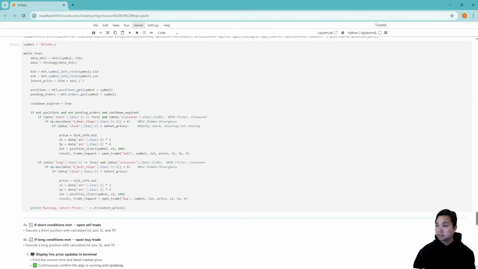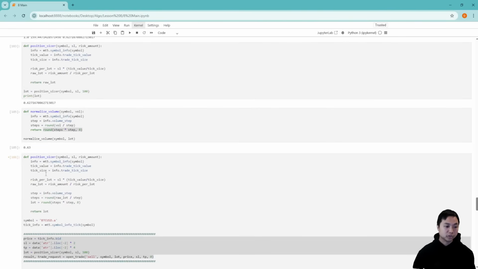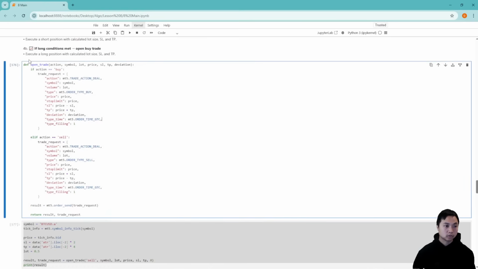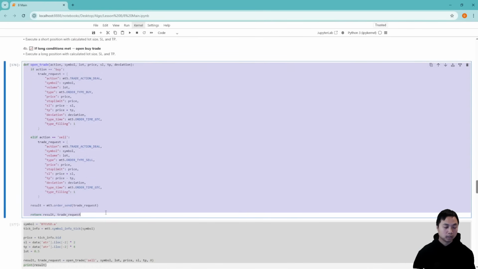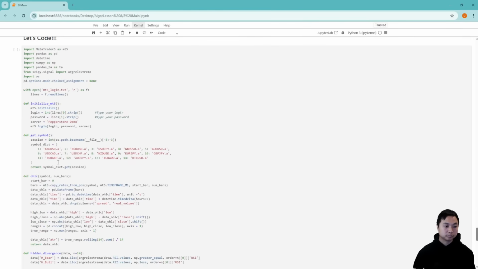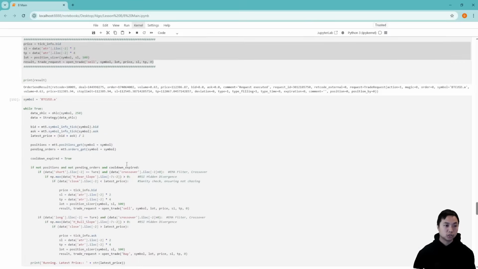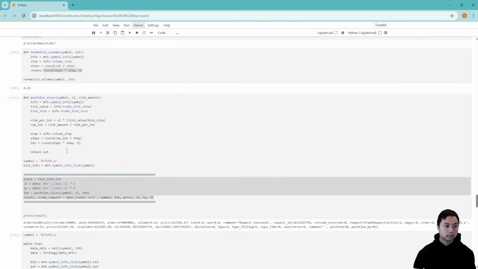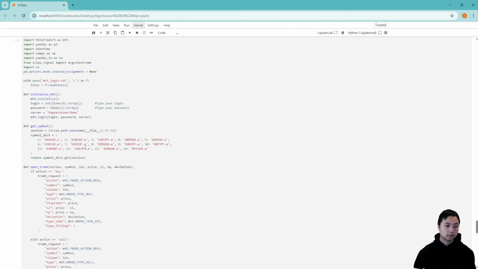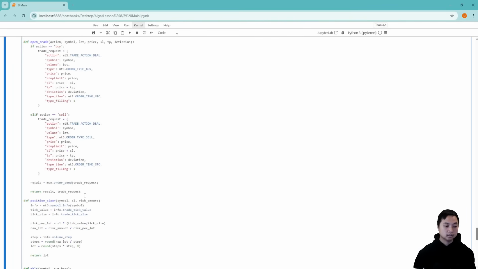And then in these lessons, we added 2 more functions. That is the position sizer and also the request and the open trade. So we will copy this open trade, and then we need a position sizer.